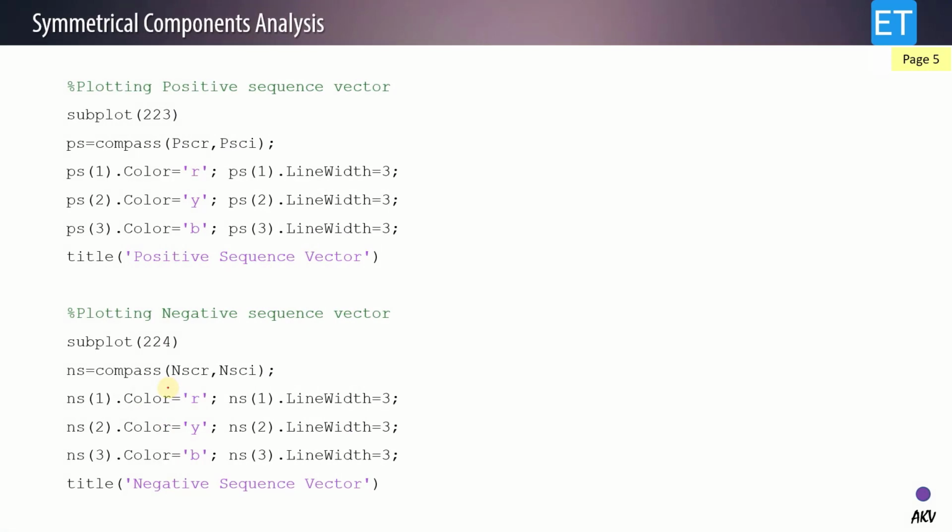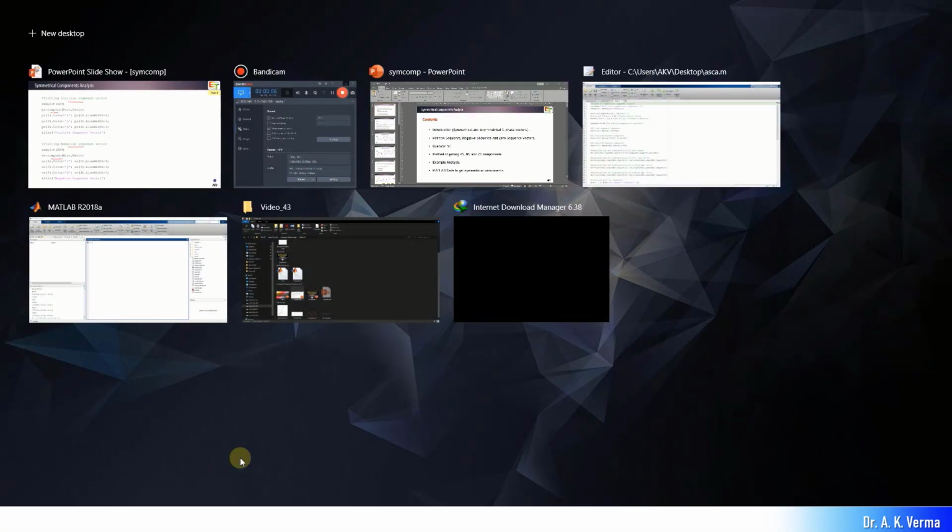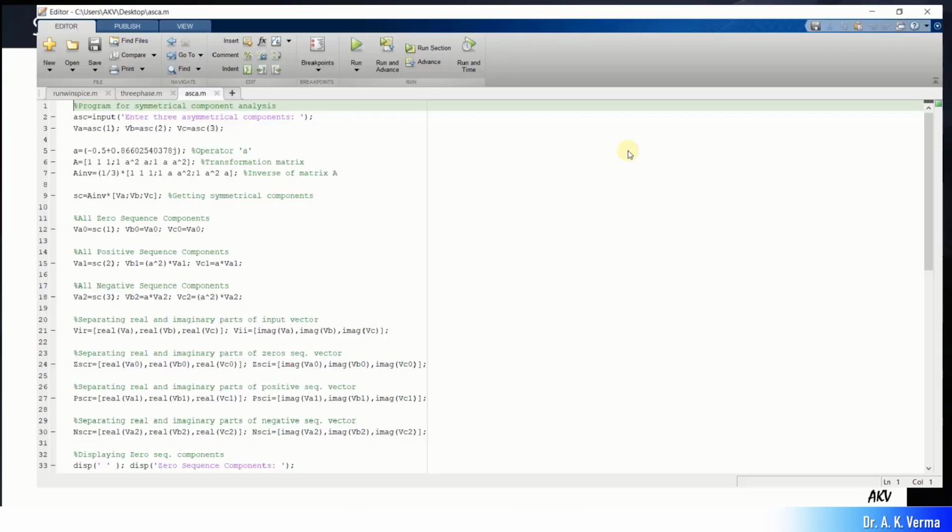Here I am plotting all the positive sequence vectors with the compass command, and here the negative sequence vectors, again with the compass command. So this is a simple MATLAB program. Let me run this program in MATLAB and show you what output I will achieve.